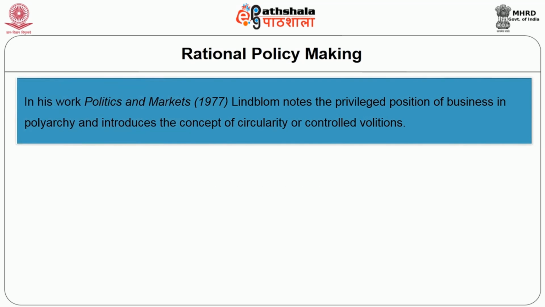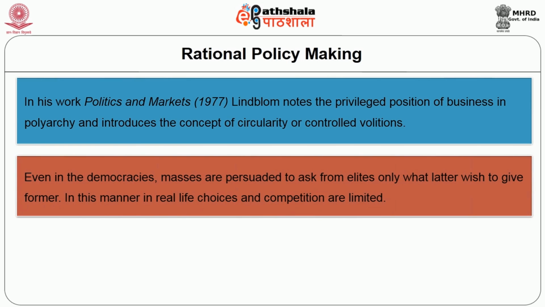In his work Politics and Markets, in the late 70s, Lindblom notes the privileged position of business in polyarchy and introduces the concept of circularity or controlled volitions. The same is the case with Kochanek and others, who have written extensively on the role of business in politics and how they influence policy making.